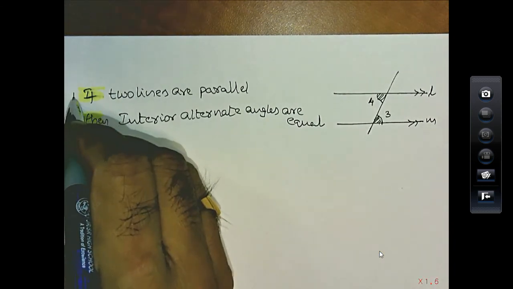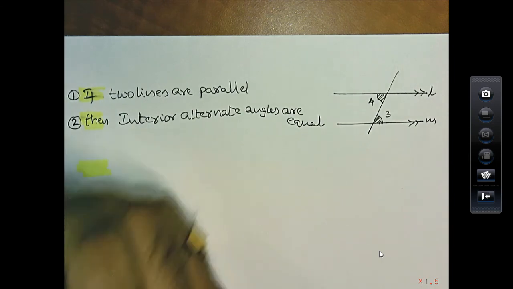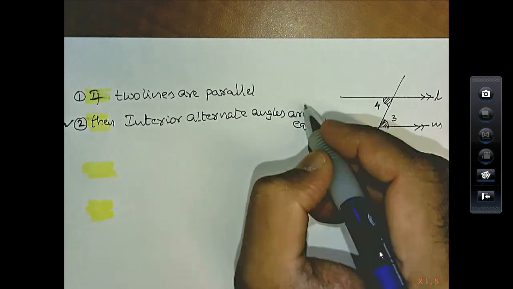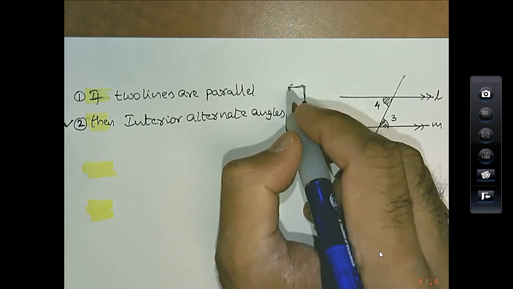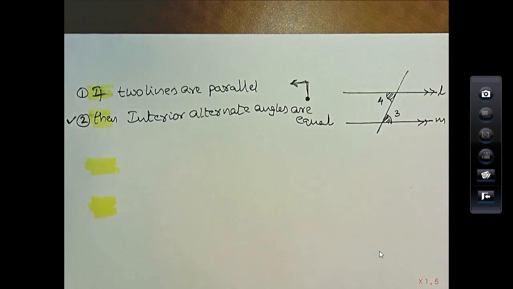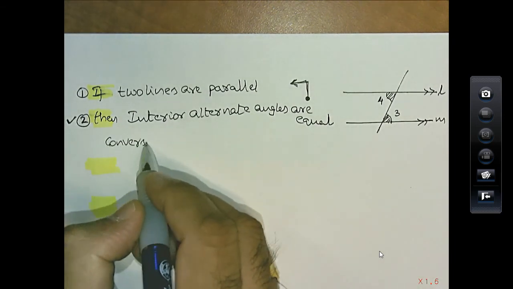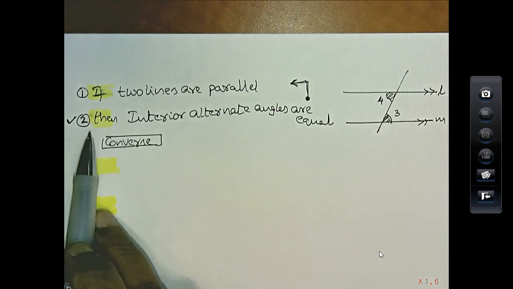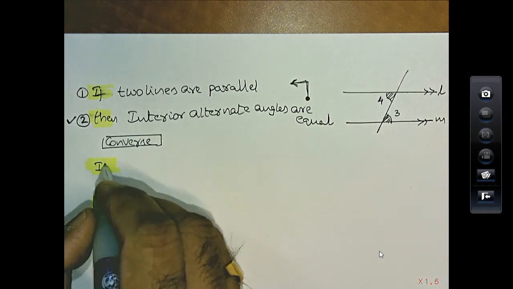Now, I'm taking the statement into two parts, and if I write the second part first, then go to the first part of my statement, I call this one the converse, just like the previous example. So what is the converse of this one? Remember, I'm going to write my second statement first, but starting with if.